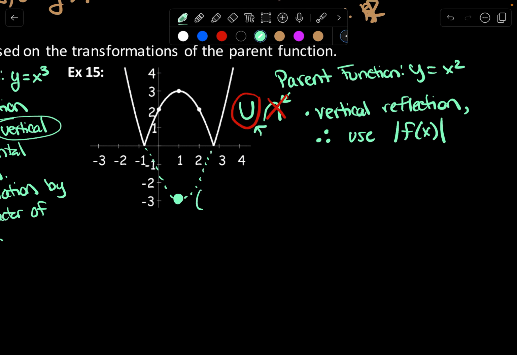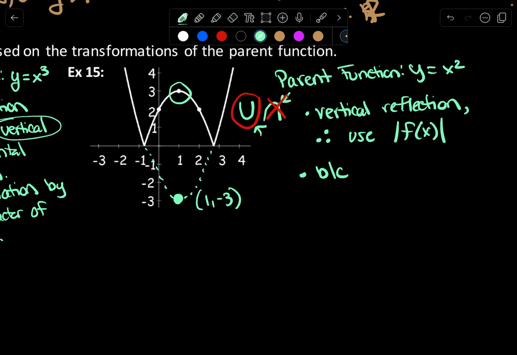My vertex, if my parabola was facing upwards, is going to be here. My (h, k) is going to be at (1, -3). Clearly it's up here in the picture, but that's after the absolute value has been applied to it. If I did not have this absolute value with my parent function, my vertex would be here.